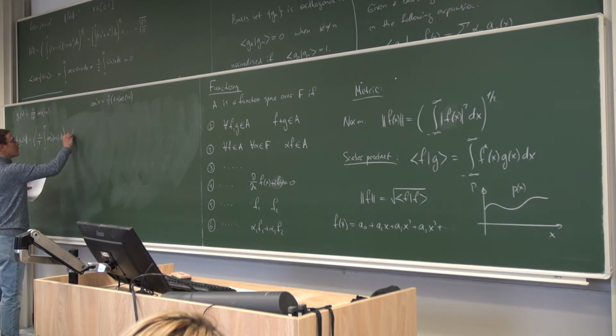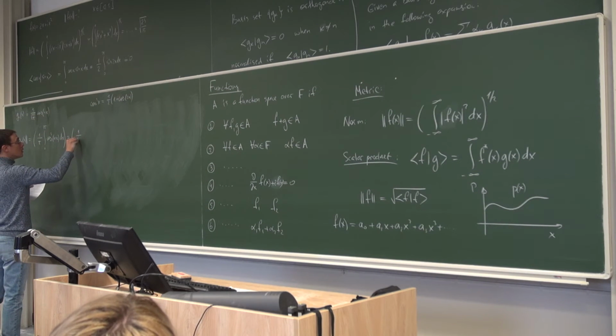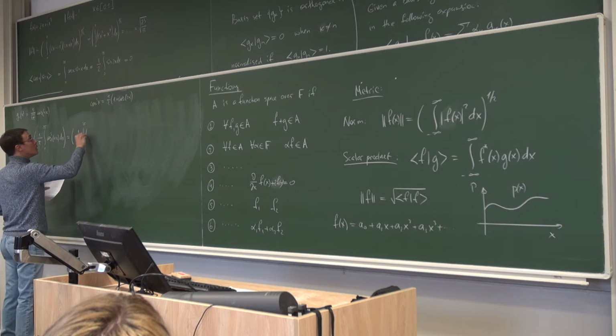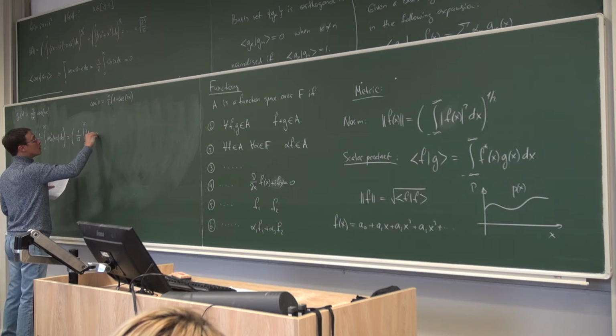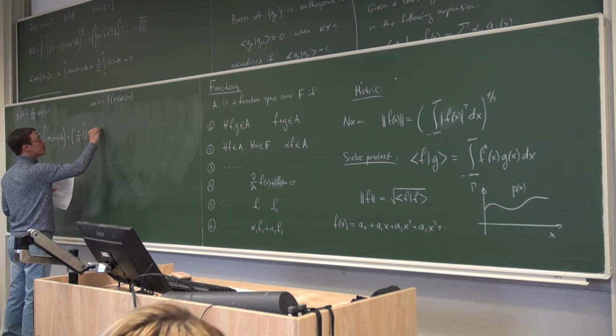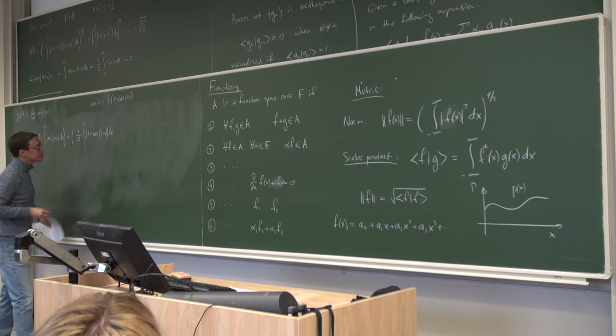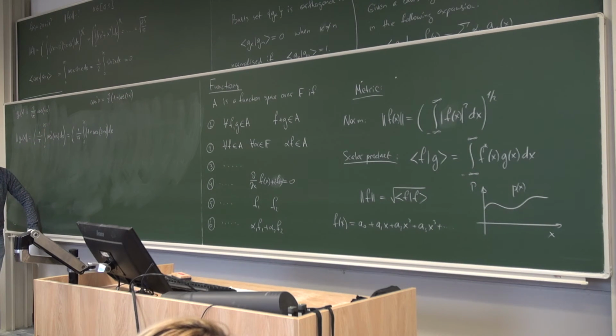So this becomes 1 over 2 pi, integral from 0 to 2 pi, 1 plus cosine 2nx dx. n is an integer.